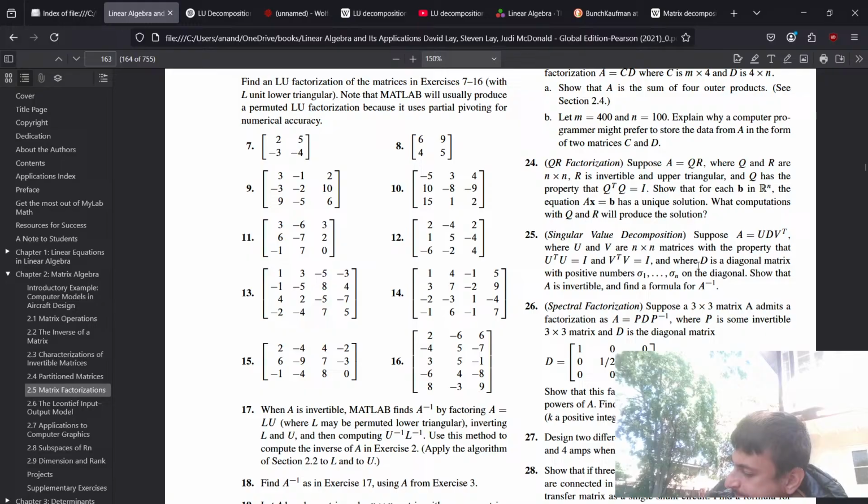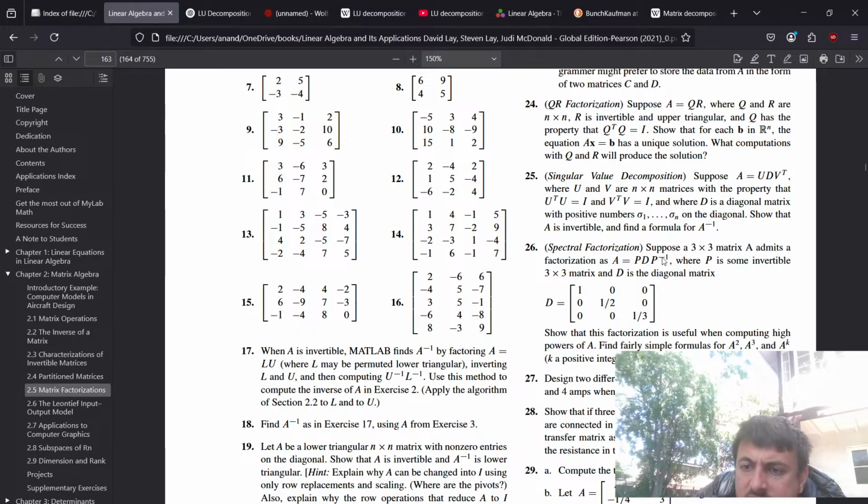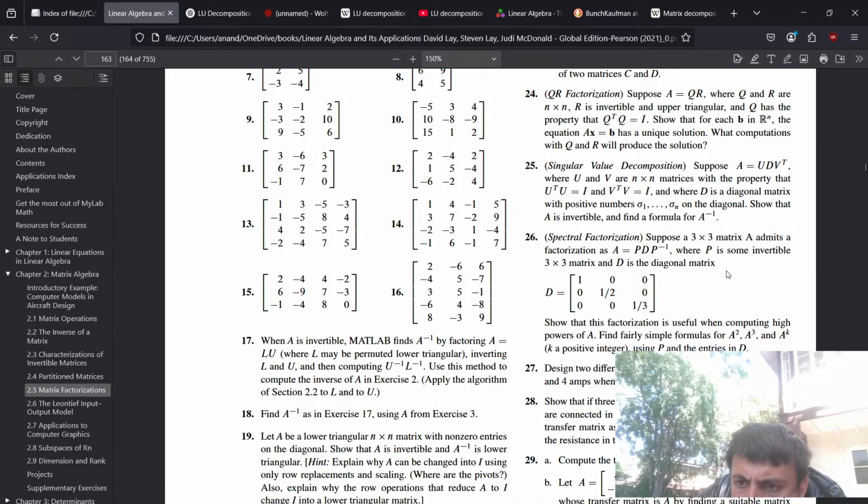Okay, 25 seems cool, where P is some invertible 3 by 3 and D is the diagonal matrix. 26 seems cool.